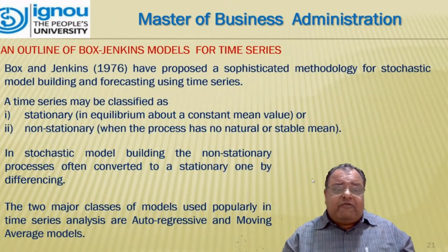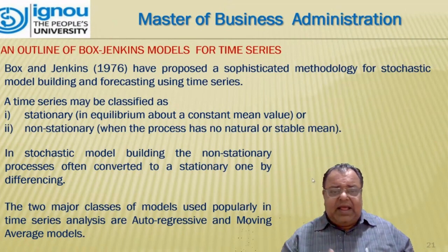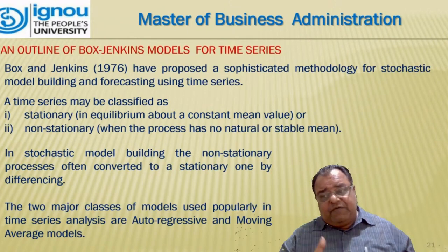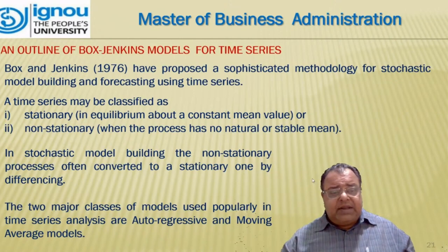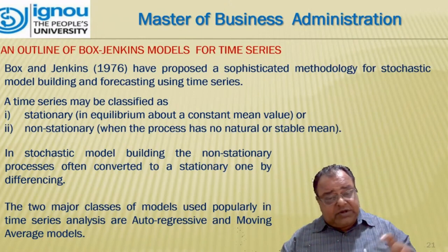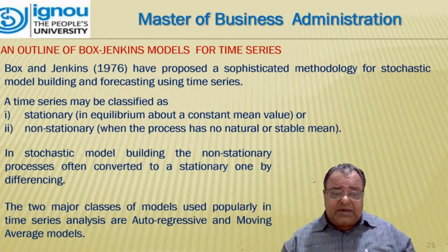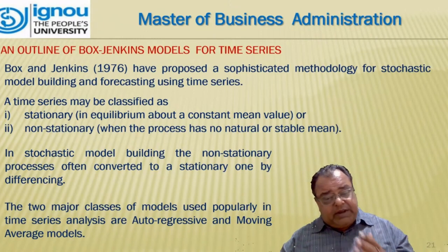An outline of the Box-Jenkins model for time series. Box and Jenkins in 1976 proposed a sophisticated methodology for stochastic model building and forecasting using time series. A time series may be classified as stationary, in equilibrium about a constant mean, or non-stationary, when the process has no natural or stable mean.